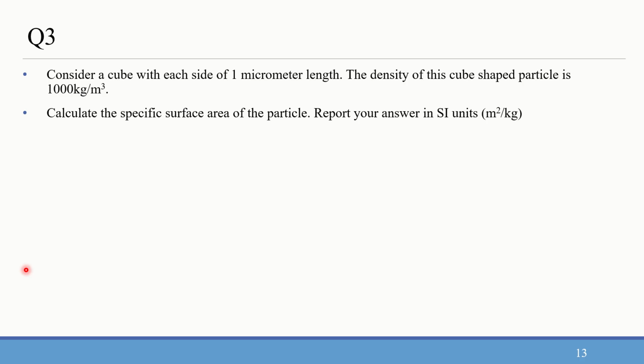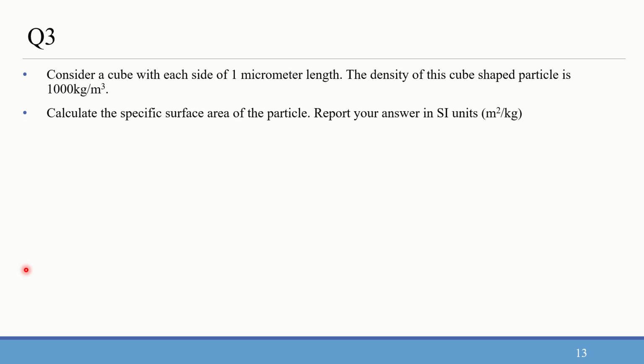So what is surface area? Surface area is the area with which the particle is exposed, I mean the area which is available for it to make contact with others.